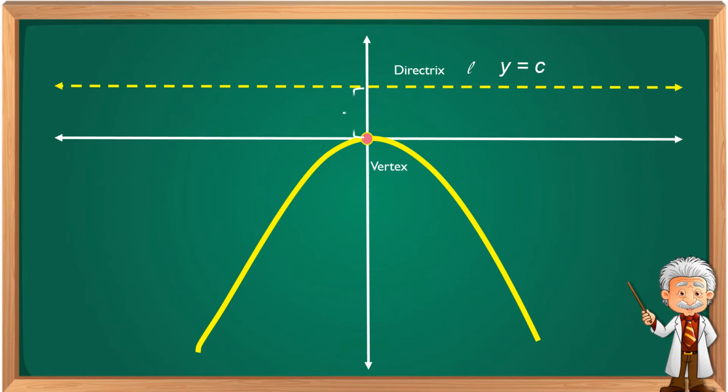And that distance is called c, since the directrix is c units below or above the vertex. In this case, the parabola is facing downward. That's why the directrix is above the vertex.